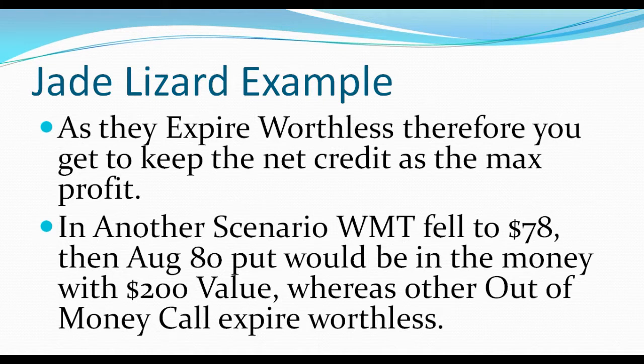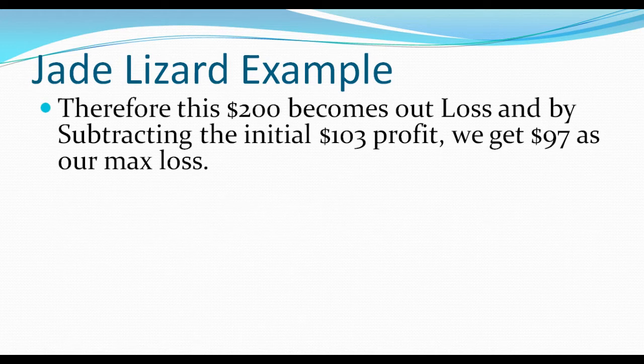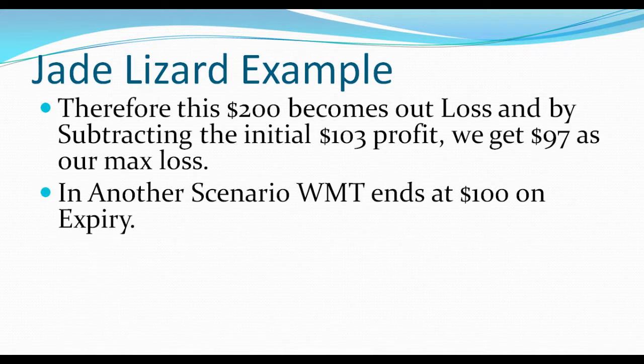So our problem is the August 80 put, as the others expire worthless but this doesn't. Therefore, this $200 becomes our loss, and by subtracting the initial $103 profit, we get $97 as loss. Now the thing to note is we were neutral or bullish, but the stock went down. So as we don't have a stop loss on the lower level, we have to take the loss.